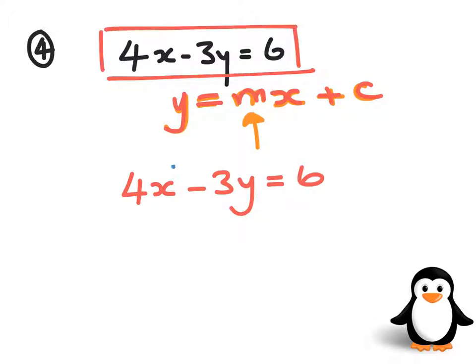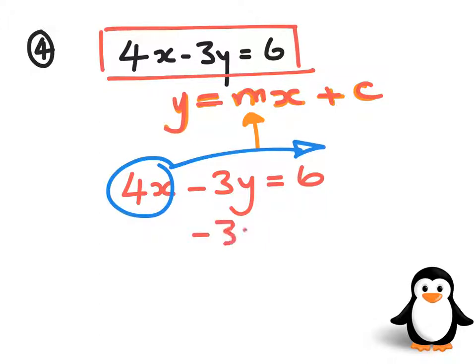So I want this 4x from that side over here. And that will leave me with negative 3y equals, and you can work out what goes on this side. And then to get y on its own, the negative 3 is going to have to move over.